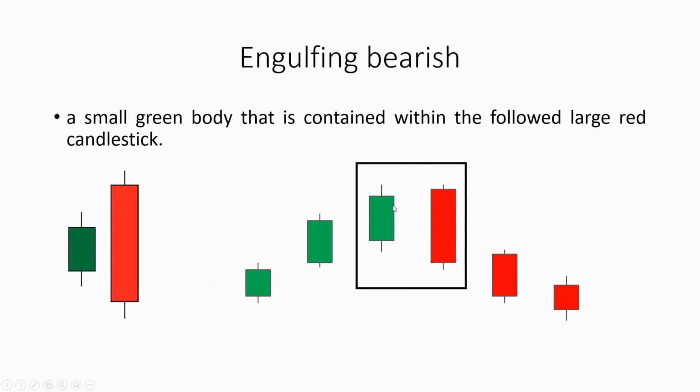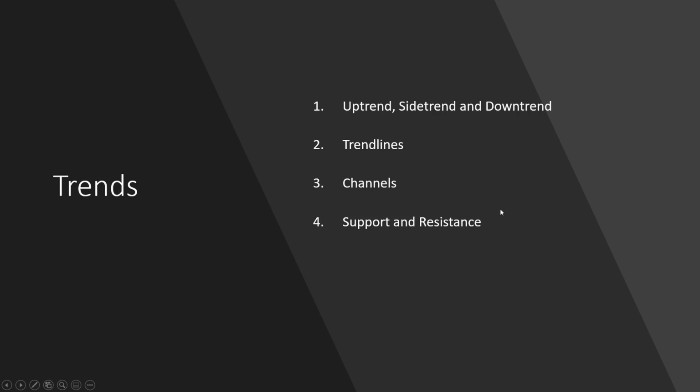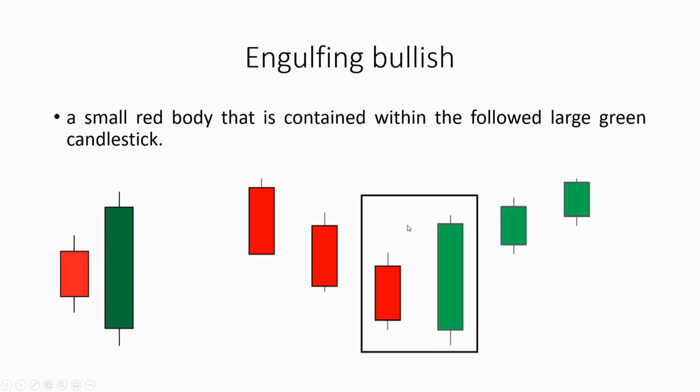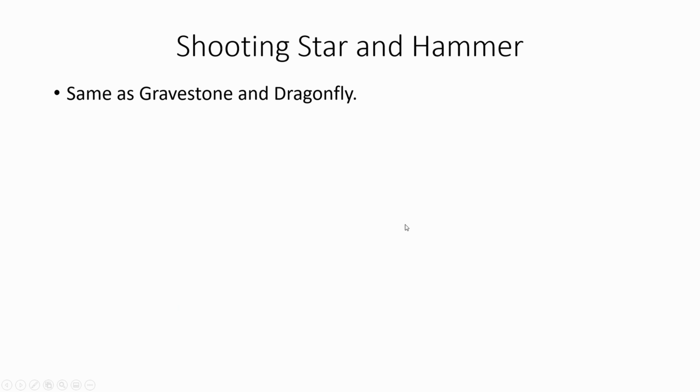This example is a little bit tight, because if I bring it down, you can see that this thing is inside, but keep in mind that this red candlestick needs to engulf this one. So this is a bearish engulfing. I'm pretty sure that's the 10 most popular.